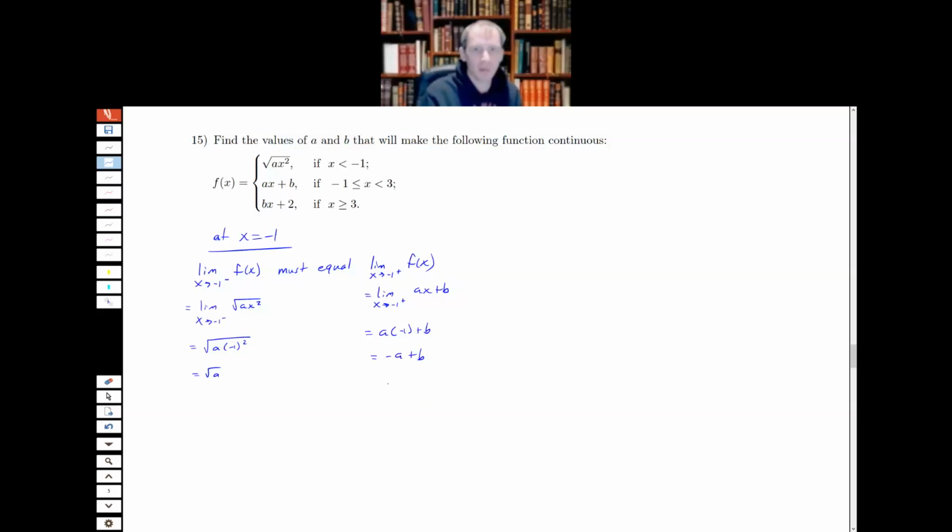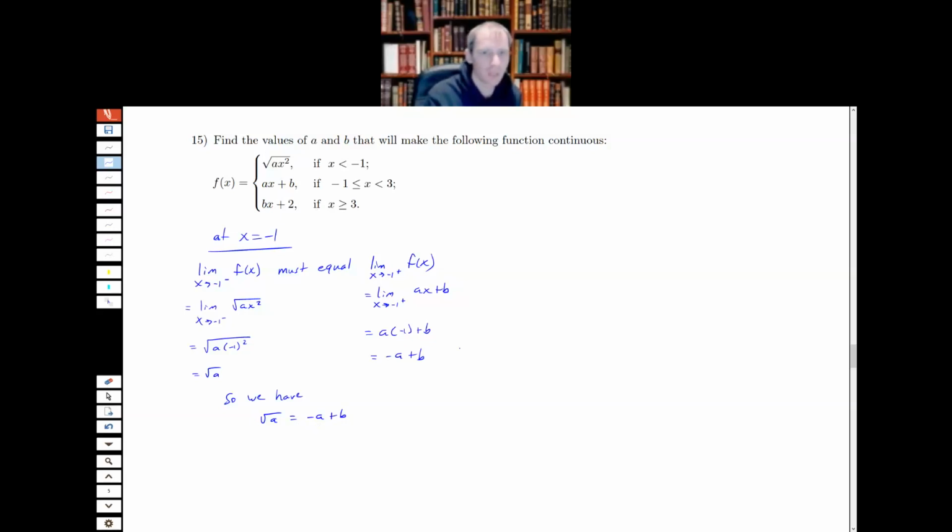So if I want this function to have any hope of being continuous, these left and right limits have to match so that the limit as x approaches -1 exists, right? So we have square root of a has to be equal to -a plus b. That on its own isn't going to be enough to do anything, but it gives us an equation. I have these two unknowns, a and b, that we've always had that we want to find. But now I have an equation with a and b.